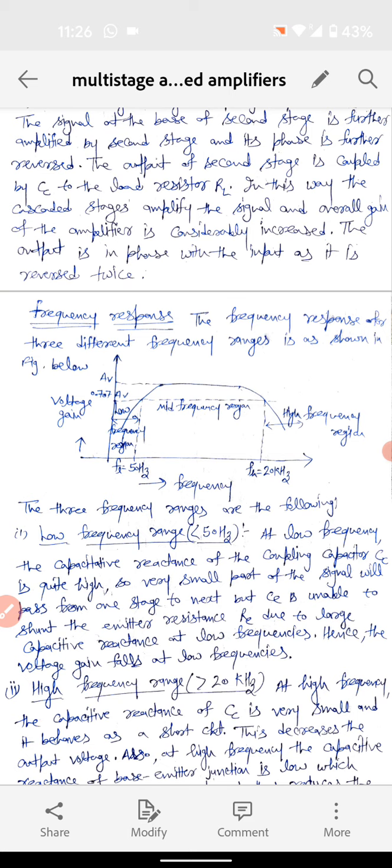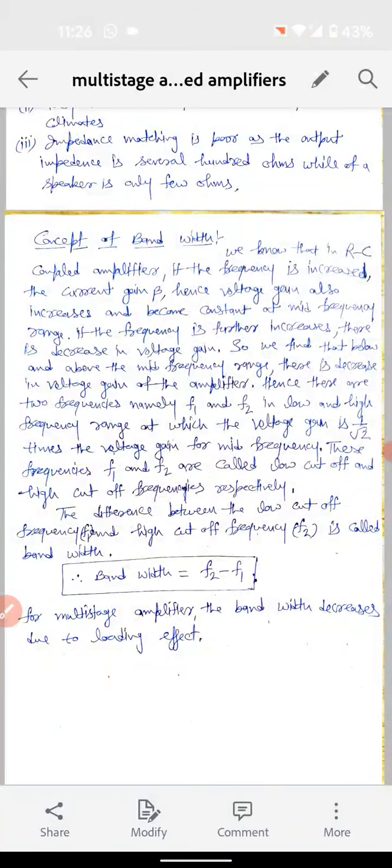The frequencies corresponding to these 2 points will be known as f1 and f2, or fl and fh, the lower cutoff frequency and higher cutoff frequency. The difference between these two cutoff frequencies is known as the bandwidth. So f2 minus f1 will be the bandwidth. This bandwidth is the frequency range over which the voltage gain remains constant.